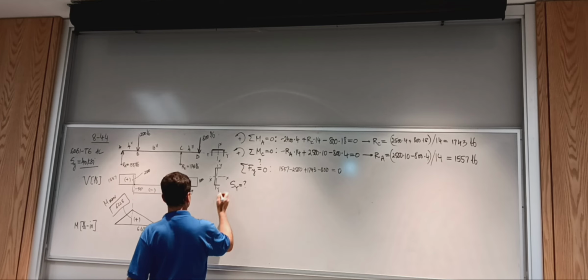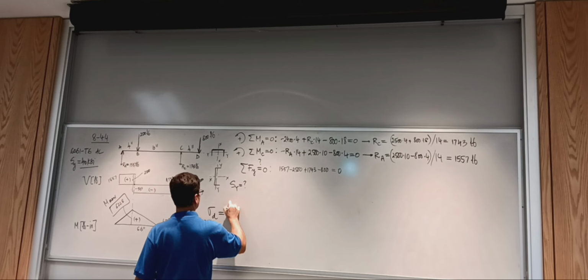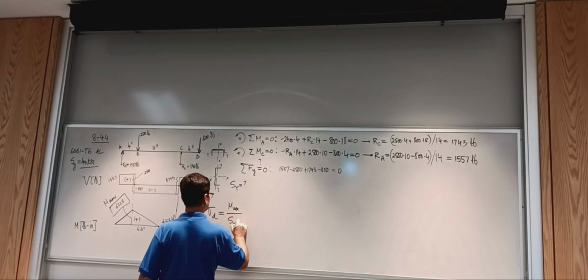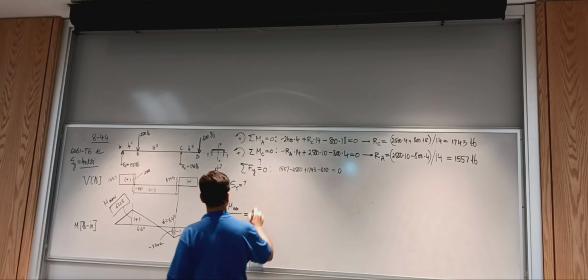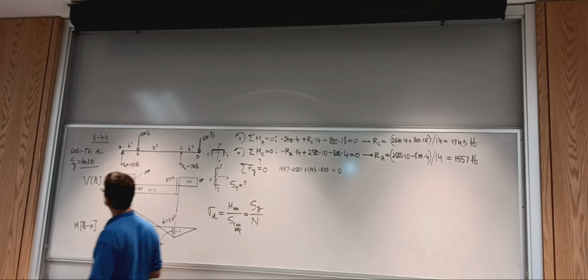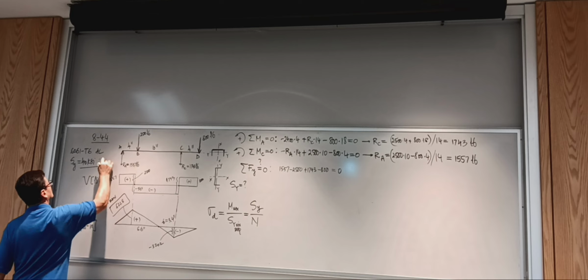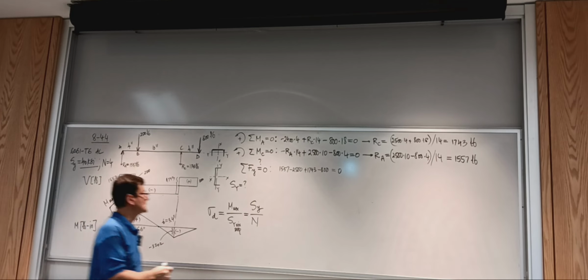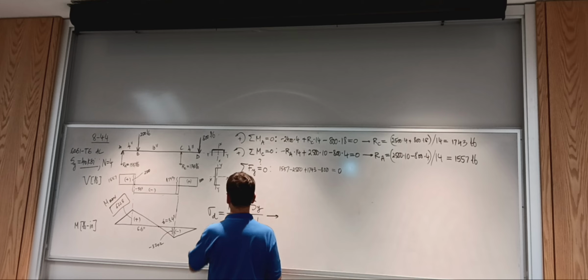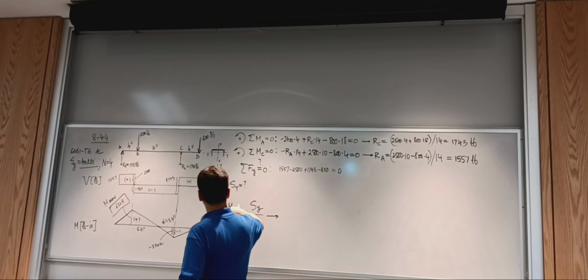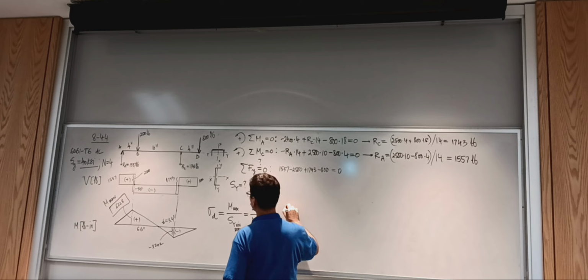And we state the design equations. Design stress is going to be maximum bending moment over SY minimum required equals yield strength in shear divided by design factor, and that's imposed N equals 4 design factor. Okay, so what is this equation equal to? We have the maximum moment 6228.